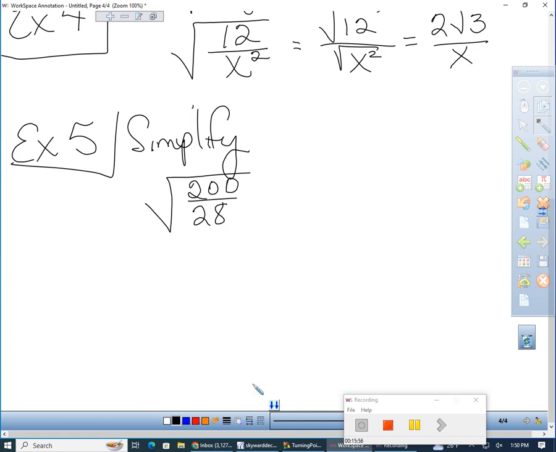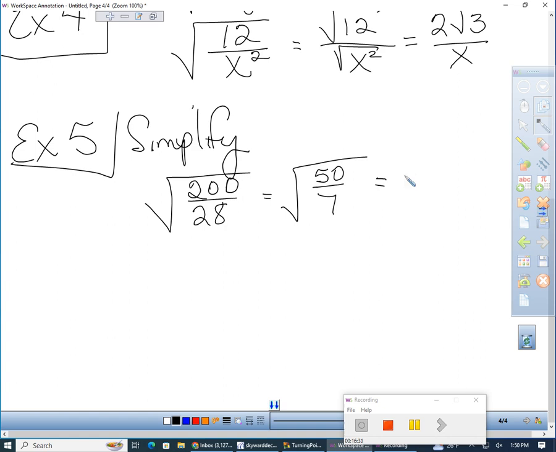Thank you, Libby. Reduce the fraction. What goes into both the top and the bottom? Definitely 4, right? So this reduces to 50 over 7, right?